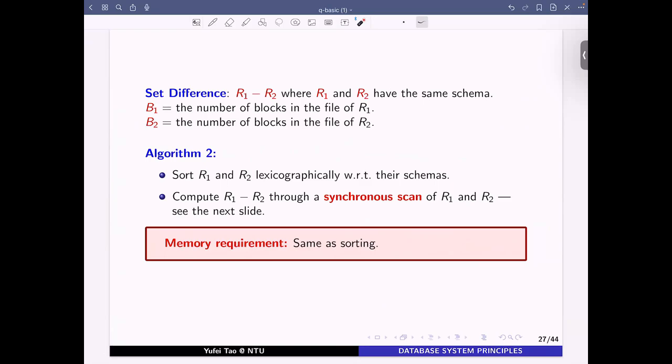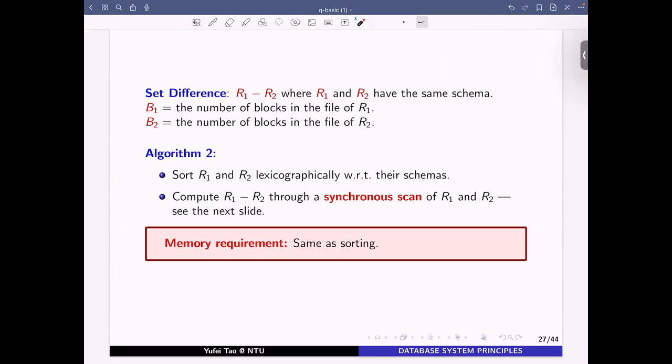So this is another algorithm. This algorithm, once again, resorts to sorting. And it requires very little memory, just basically 3 frames minimum. And if you have more frames, the I/O efficiency improves.